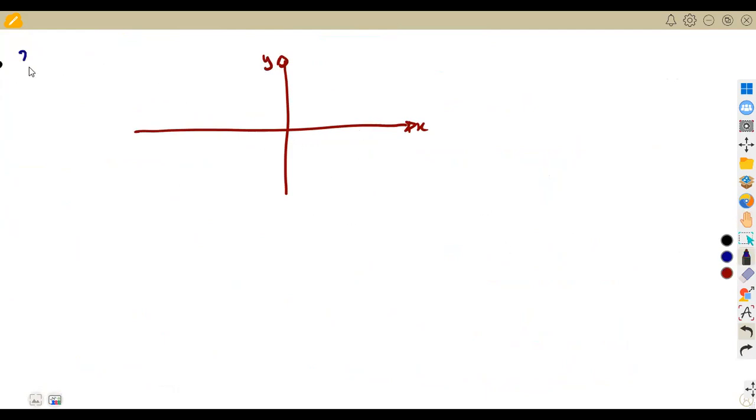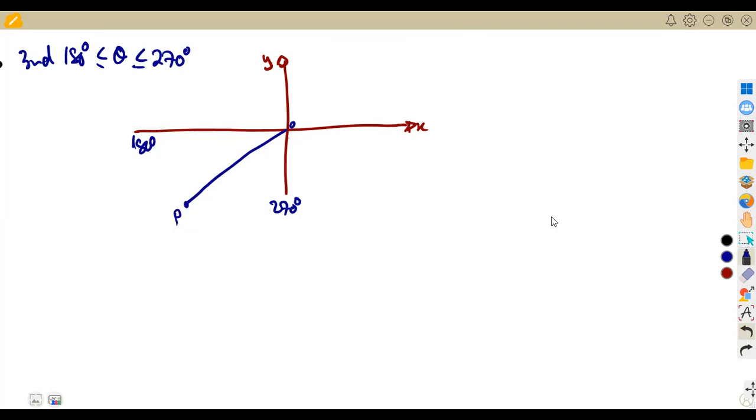So in the third quadrant, remember, this is 180 degrees, this is 270 degrees. So we are starting from 180. So our theta is greater than 180 degrees, less than or equal to 270 degrees. From the origin to the terminal point, maybe this is our P in this case.